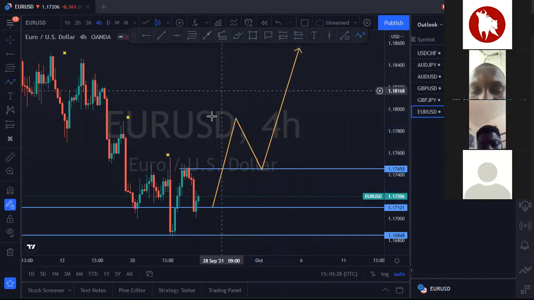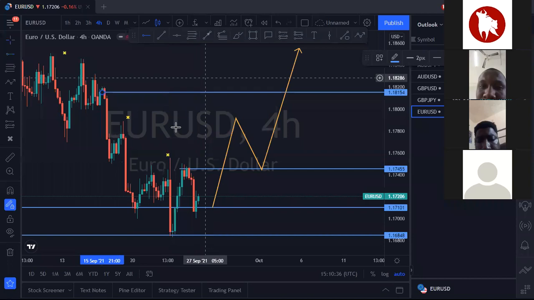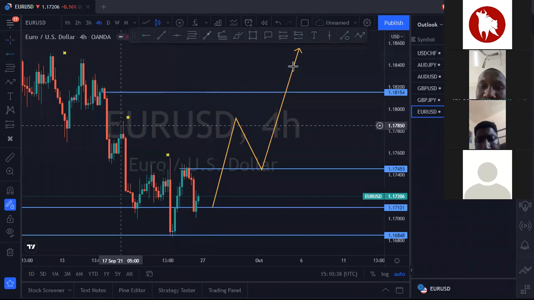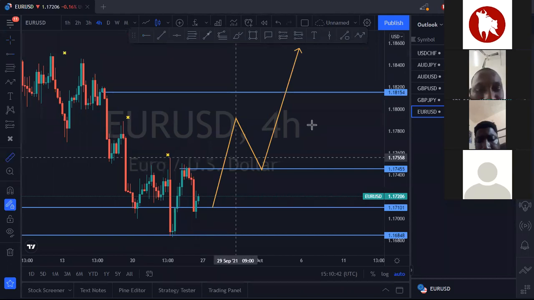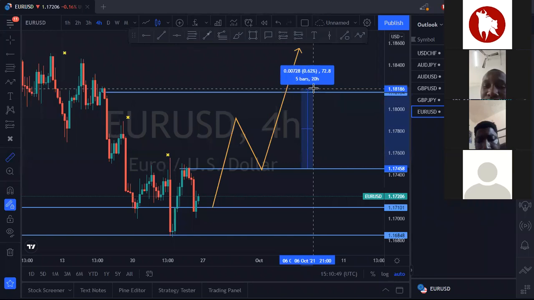My first target, if this should happen, is going to be this place, which is about 70 pips. And 70 pips is cool.